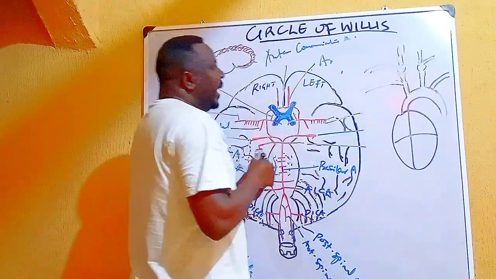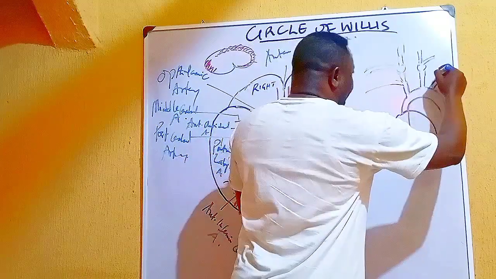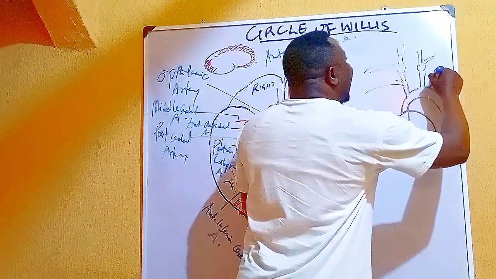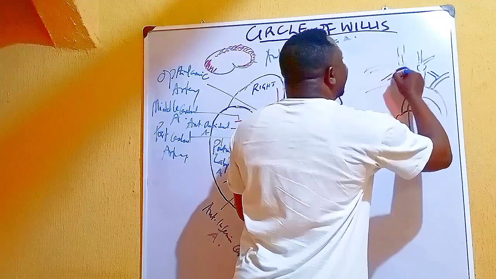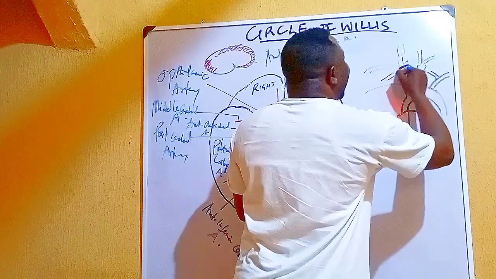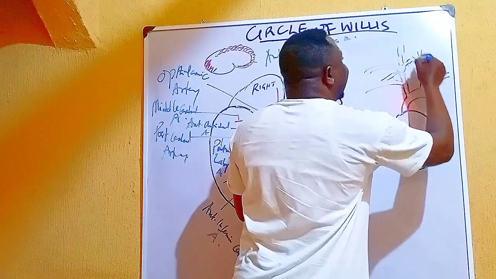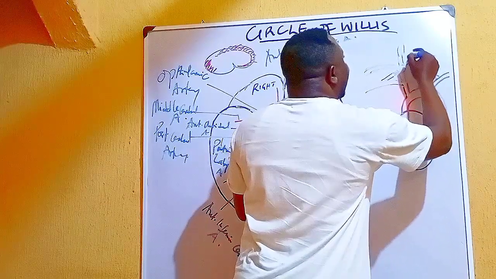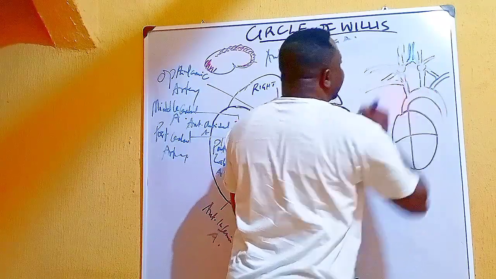Now, the vertebral artery actually arises from the subclavian artery and goes behind the internal carotid artery and lies there. Of course, the vertebral arteries unite to form the basilar artery.